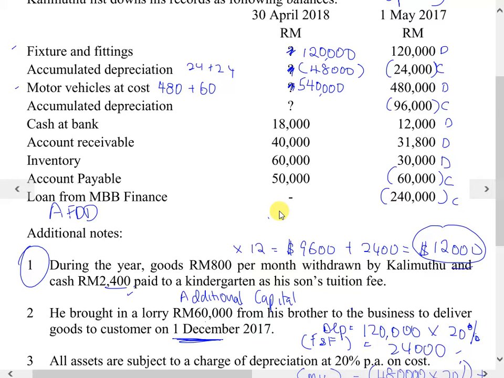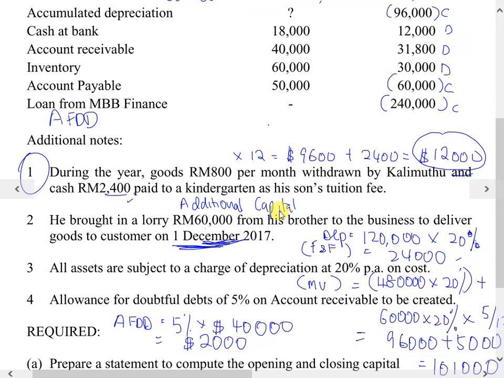Motor vehicle, I have 480. I buy another 60 in this. I introduce another 60 in December. So how many months must I depreciate for the 60,000? My year end is April. I bring in December. So for that 60,000, I depreciate December, January, February, March, April. 60,000 depreciate 5 months.